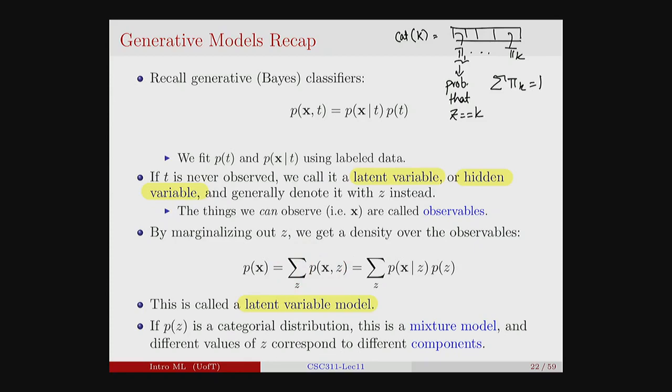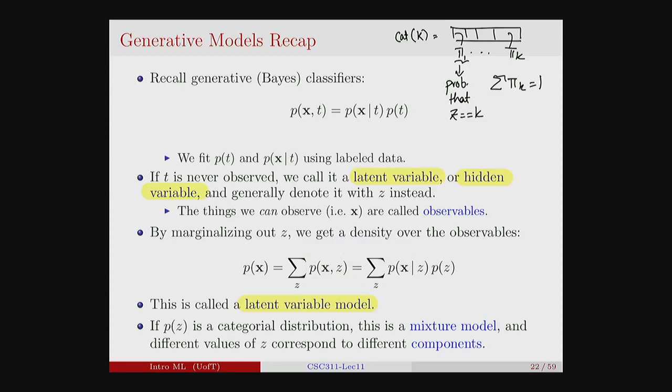Remember, this is just a generic rule of probability distributions: if you have a joint probability distribution between x and z, you can obtain P of x by marginalizing out the latent variable. You can simplify the joint distribution by placing an assumption over how the observed variables relate to the latent variable.